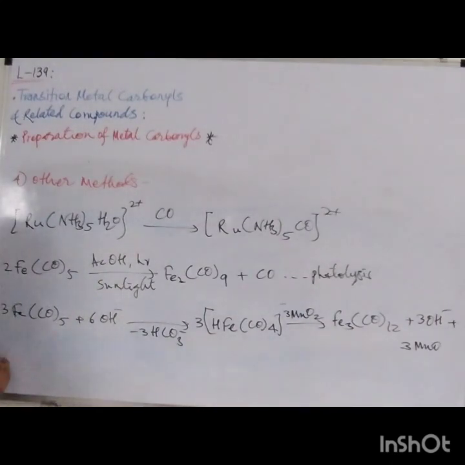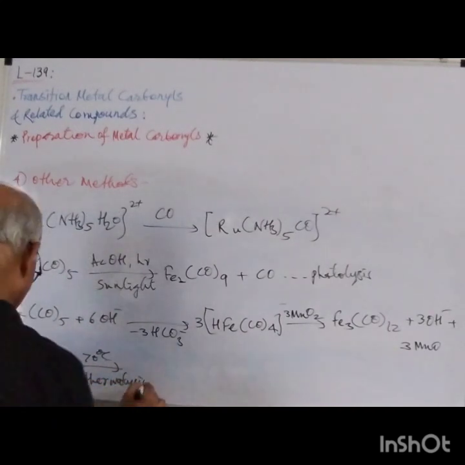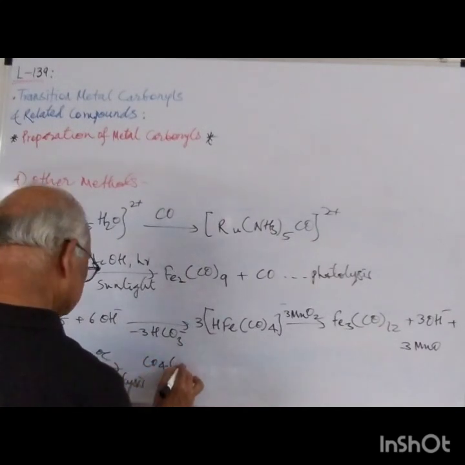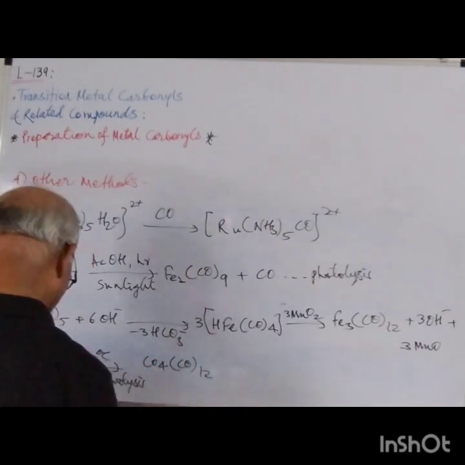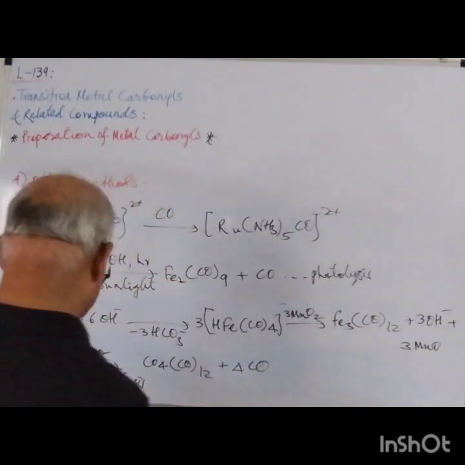Then another reaction is Co2(CO)8, on reacting at 70 degrees centigrade, that is thermolysis, gives Co4(CO)12 plus 4 carbon monoxide.